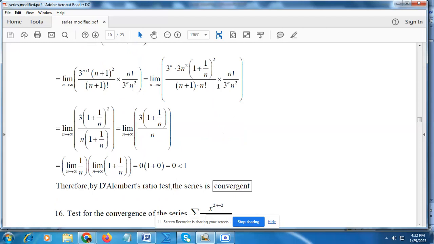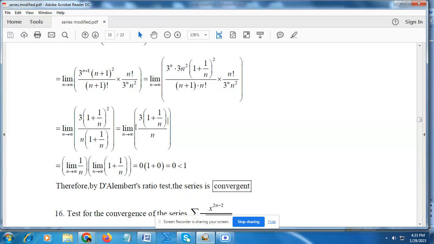So that got cancelled, common terms cancel, and we finally have 3 into (1 plus 1 by n) whole square by n into (1 plus 1 by n), which is the limit as n tends to infinity of 3 into (1 plus 1 by n) by n, because one factor of 1 plus 1 by n got cancelled and we have only one term.